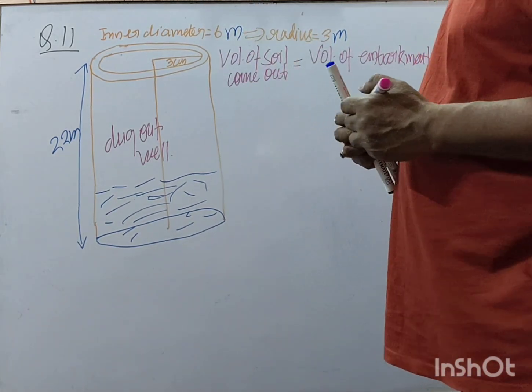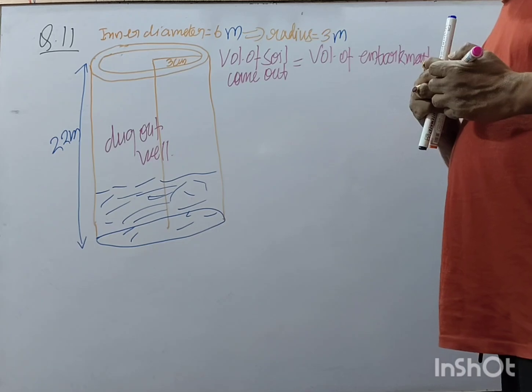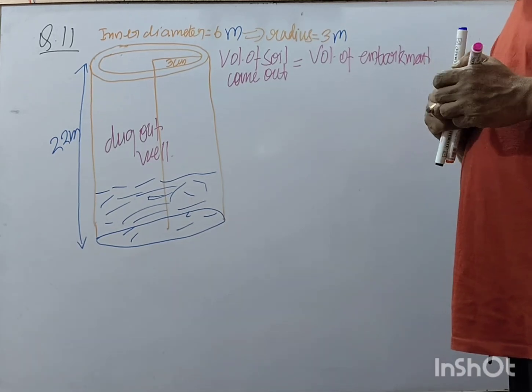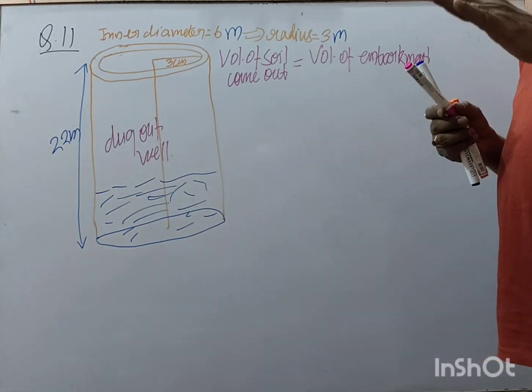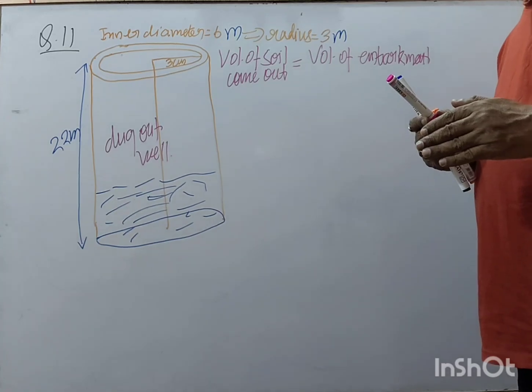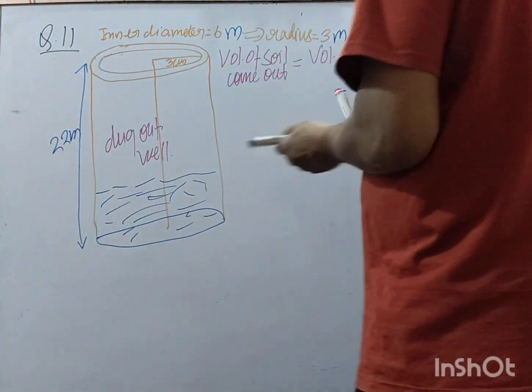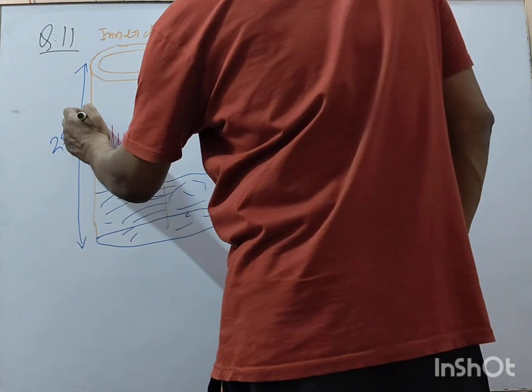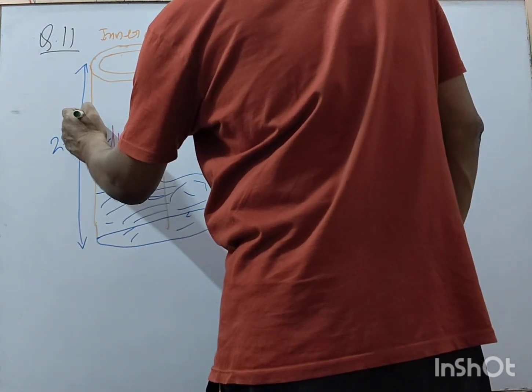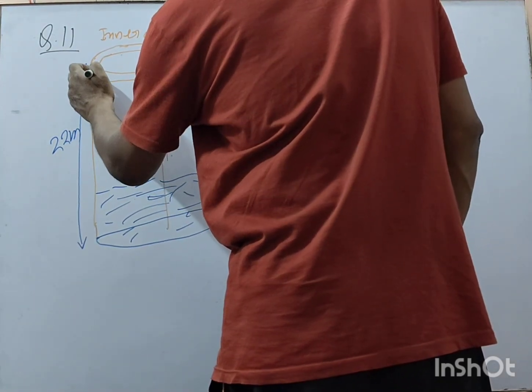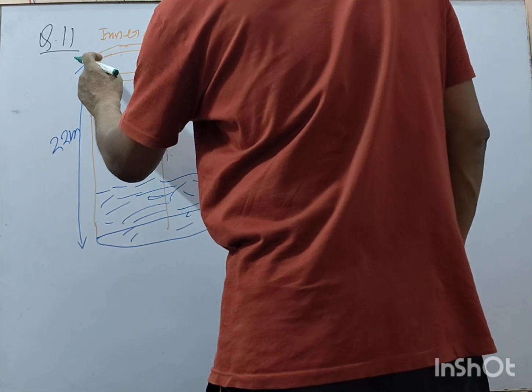What is the thickness? 5 meter. The soil is evenly spread all round.